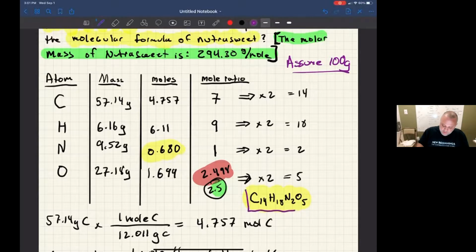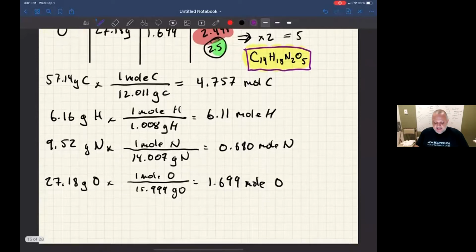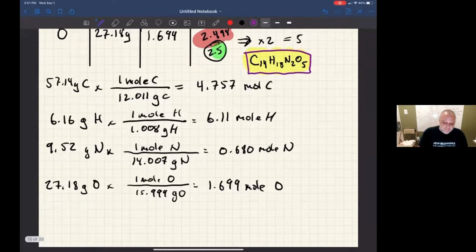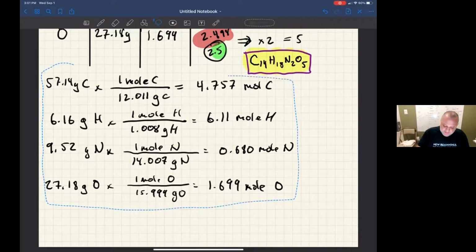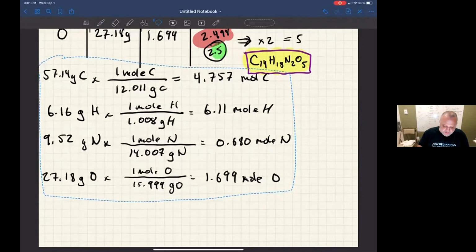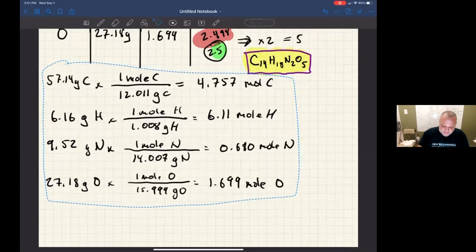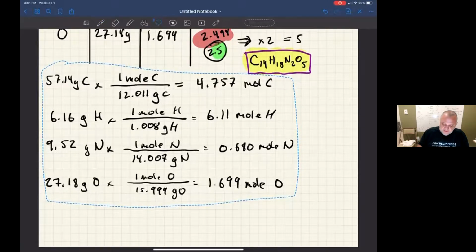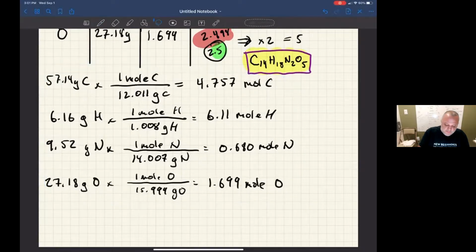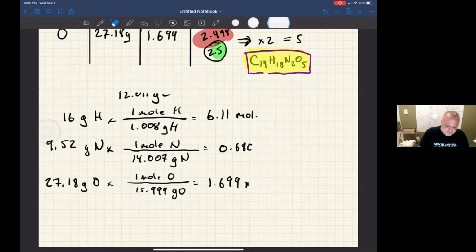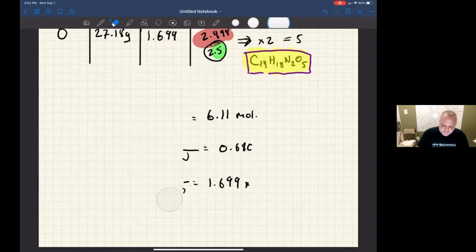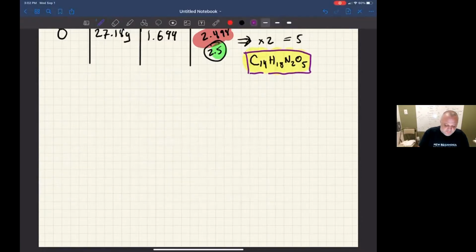So we have done one part of the question, but the other part of the question asks us to get the molecular formula of NutraSweet. So in order to calculate the molecular formula of NutraSweet, I calculate the value of the molar mass of the empirical formula, and I compare that to the molar mass of the molecule given in the problem.